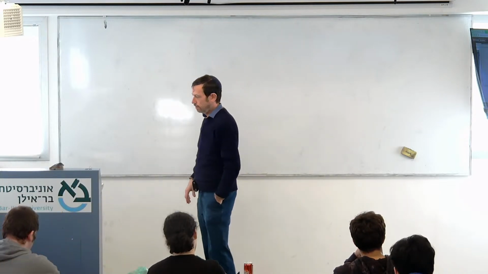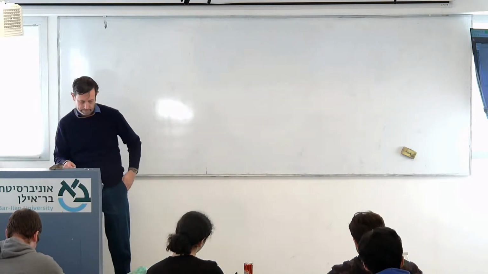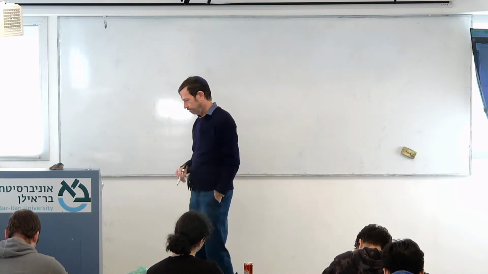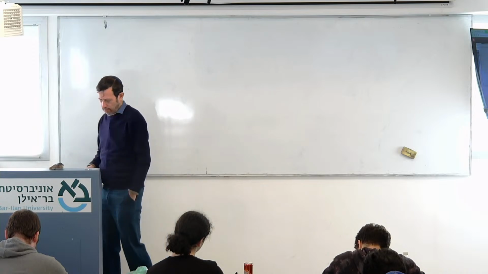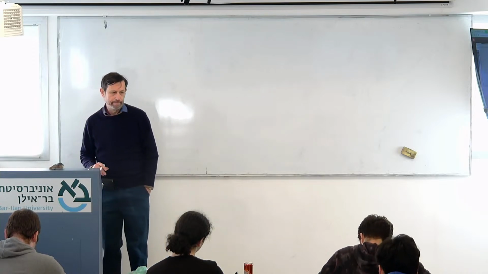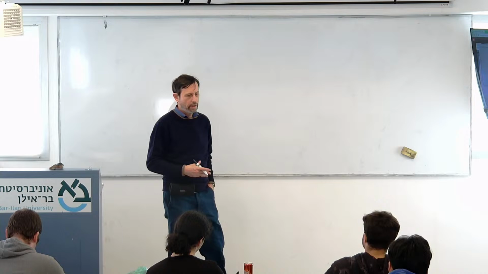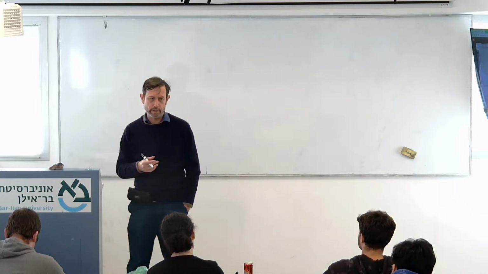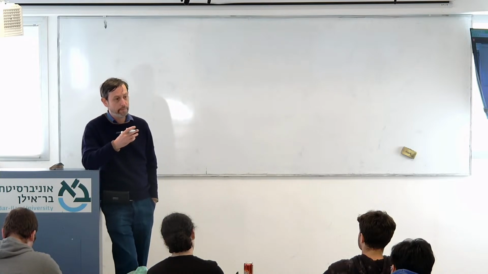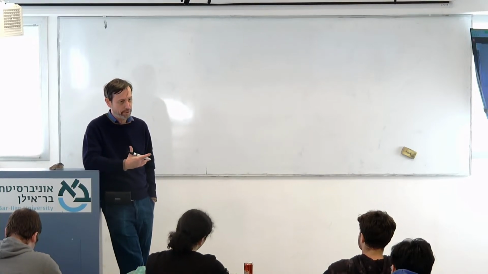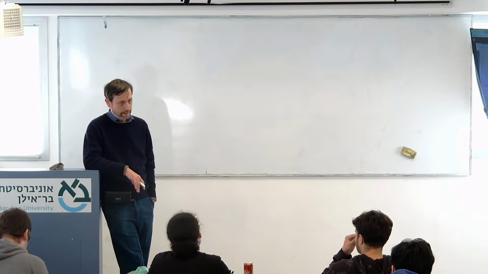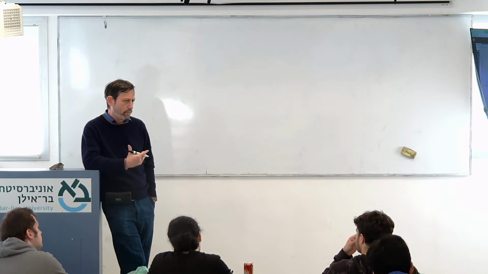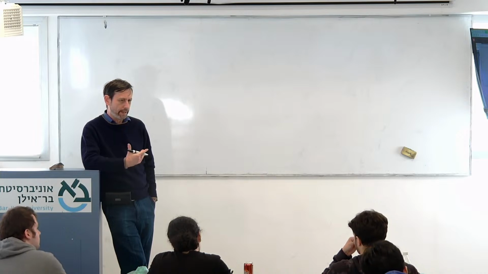Okay, let's start. So, one of the main principles of quantum mechanics is the Heisenberg uncertainty principle. So, basically we have seen what its origin is.